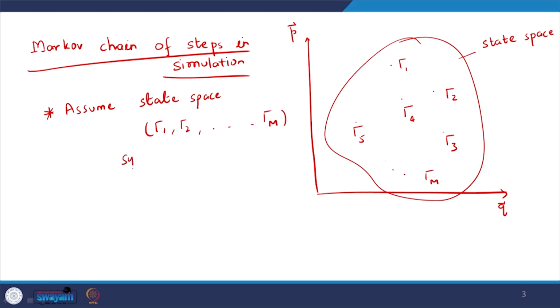The system can only be in these states. In some sense, we can therefore say that the state space is like the ensemble. Although keep in mind that since we are doing a numerical simulation, we are not counting all possible states. We will be counting only a small subset.